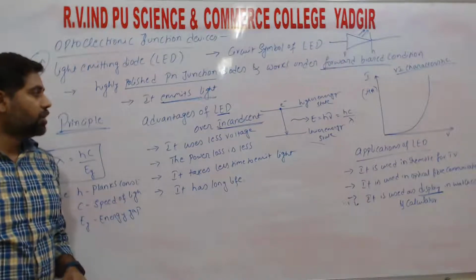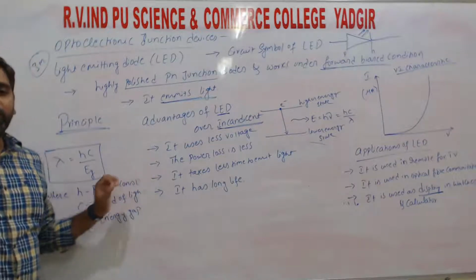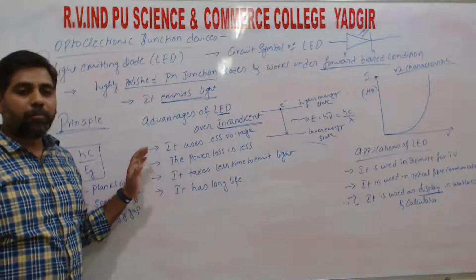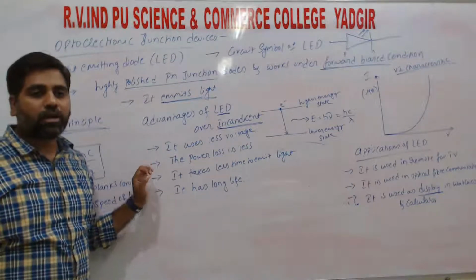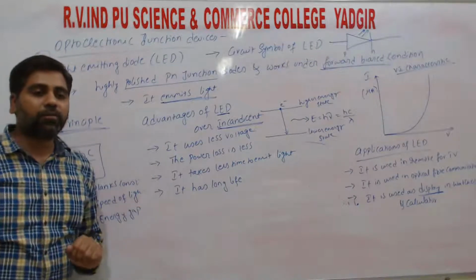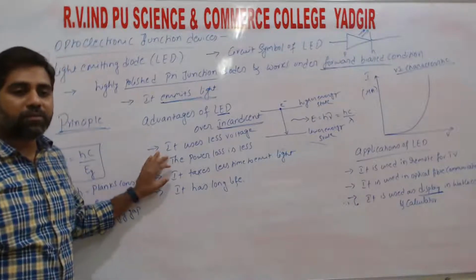The next one is the principle. When the PN junction diode is connected to the external battery, as it is forward biased, the p-type region is connected to the positive terminal and the n-type region is connected to the negative terminal. The electrons present in the n region will move towards the p region and combine with the holes.